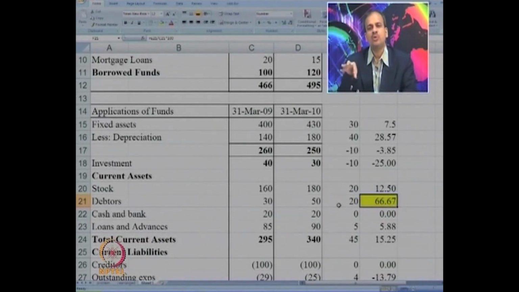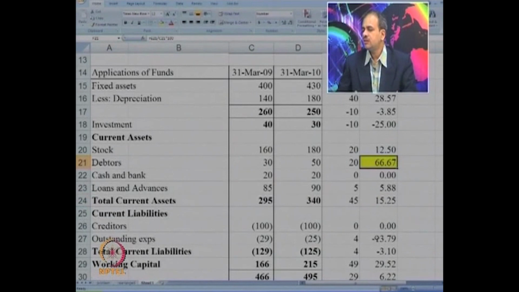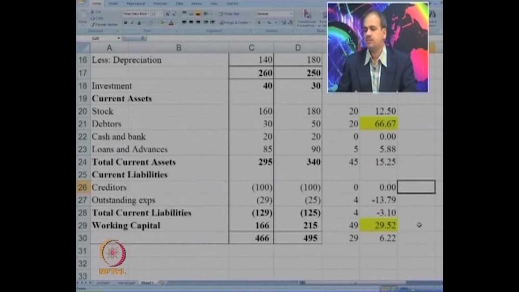These things you will come to know when you see in percentage terms this major rise. Other things are more or less same. You can see that there is an increase in working capital by relatively higher amount, that is 30% around. That is also mainly because of increase in debtors.